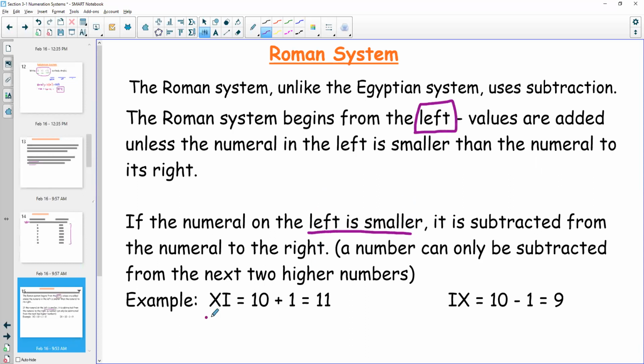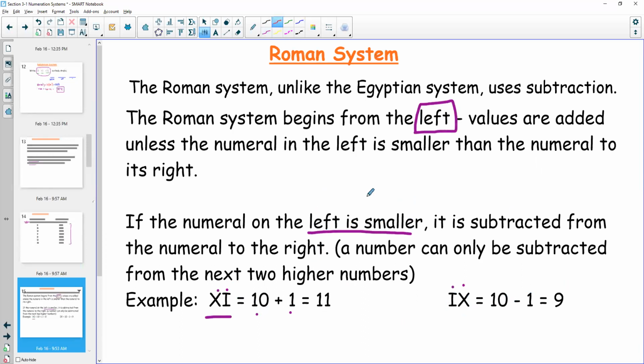So if I had, for example, XI, it'd be 10 plus 1. X is bigger than I, right? That makes 11. But if the numeral on the left is smaller than the numeral to its right, IX, it means subtraction. 10 minus 1 is 9.